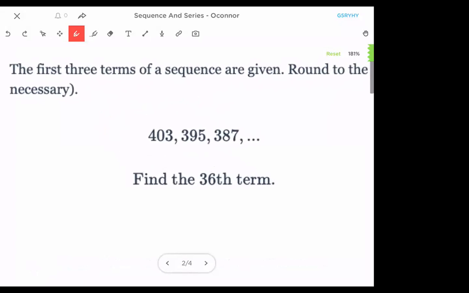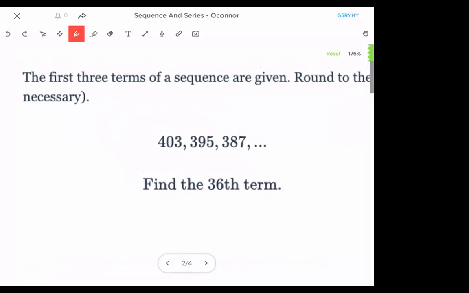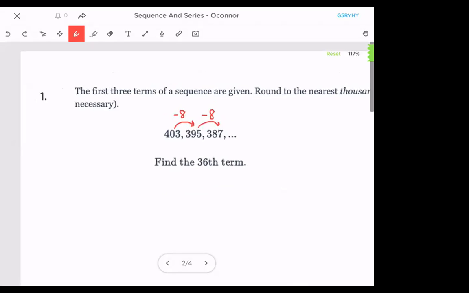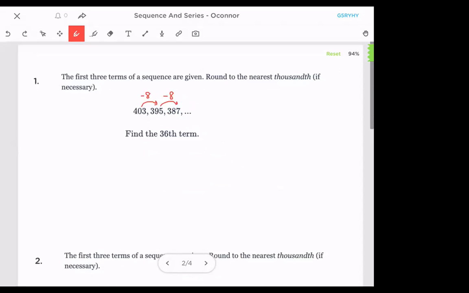From 403 to 395, that would be subtracting 8. Now I want to see if I subtract 8 again, so 395 minus 8, does that work? And yes, it does. And when you're adding or subtracting something, that means it is arithmetic.